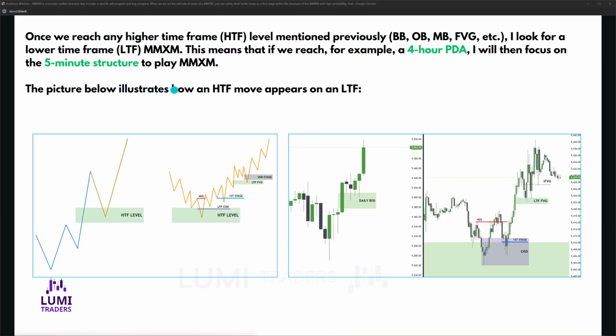Okay, the picture below shows you how a high time frame move appears on a low time frame. Okay, let's see here. We got the high time frame chart right here. Let's say it's going to be the daily chart. We got the daily chart right here, and this move down to the fair value gap on the daily chart, and this reaction from here is going to look like this on what time frame?